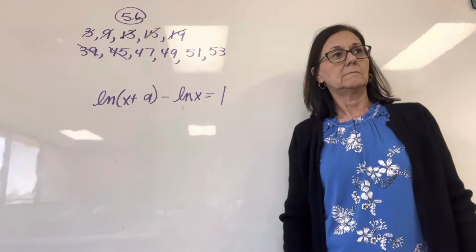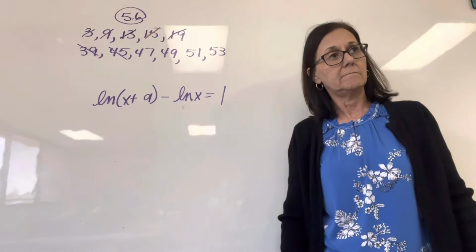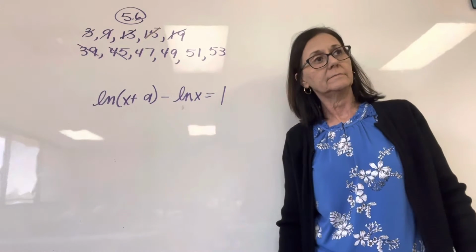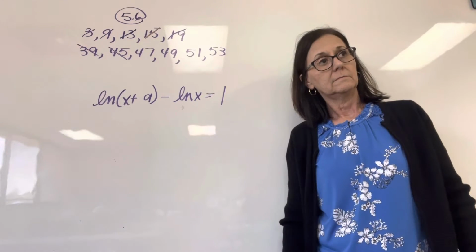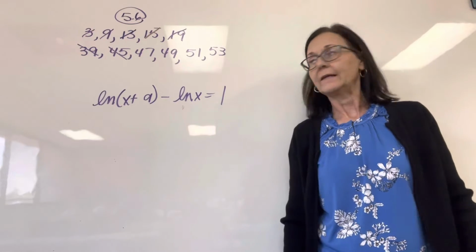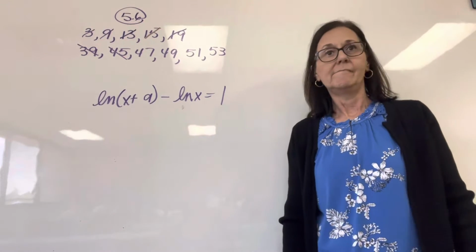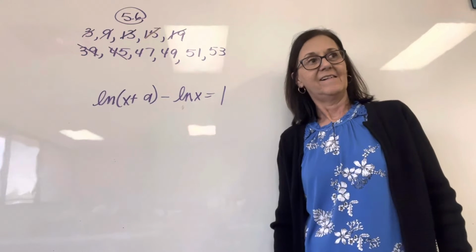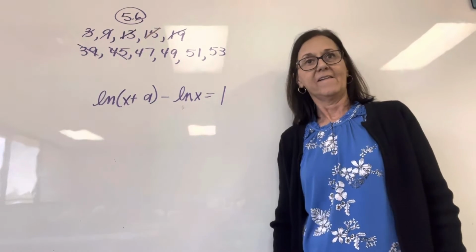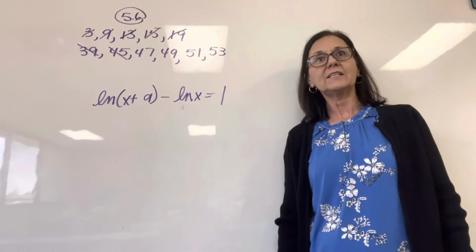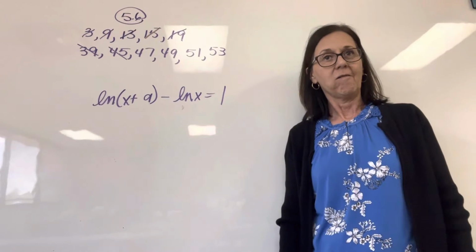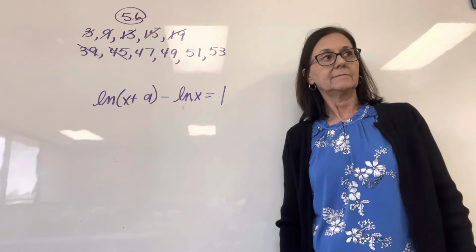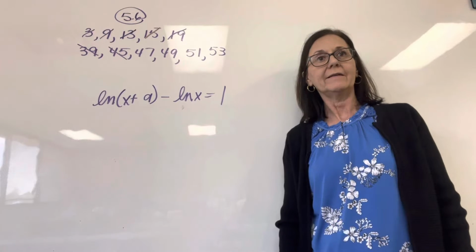Left-hand side. Distribute. Wait just a minute. How do I make this a single log? That's a great question. Distribute. No. Plus. See, I tricked you with that one. Jesse, do you know? Jake?